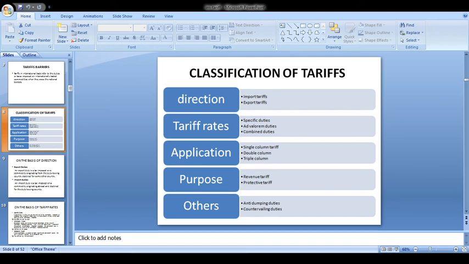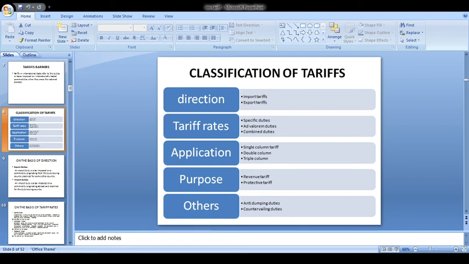For example, if I am importing a product and I want to discourage the import of that product, because its rate is lower than what I'm getting from my local market, this will harm my local market product. So what I will be doing is imposing a countervailing tax to offset its subsidized rate.